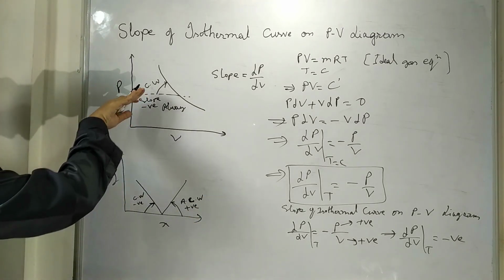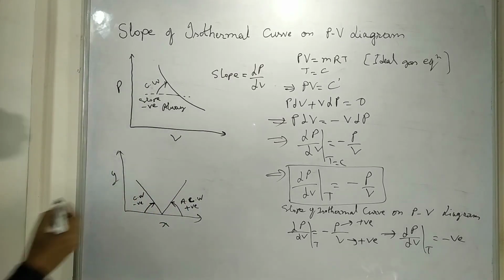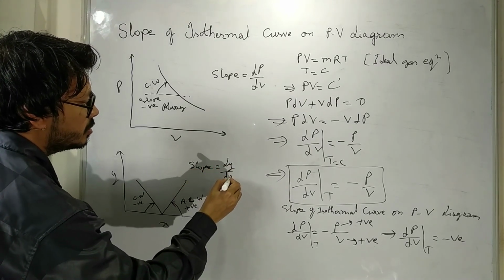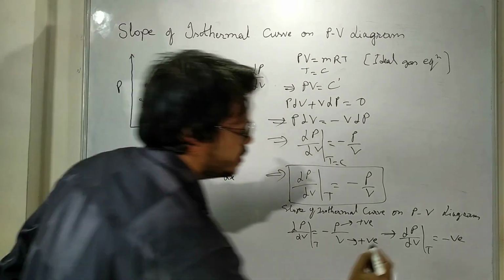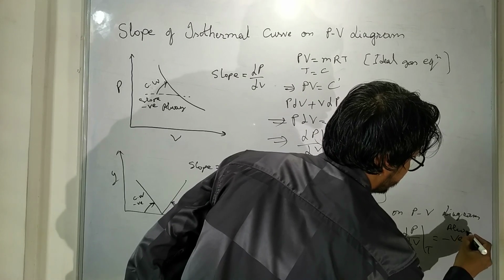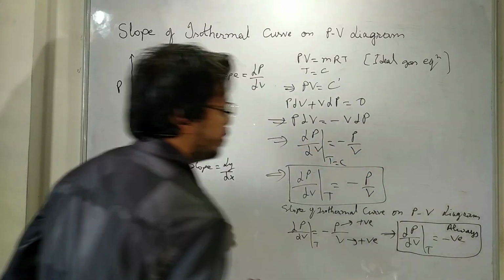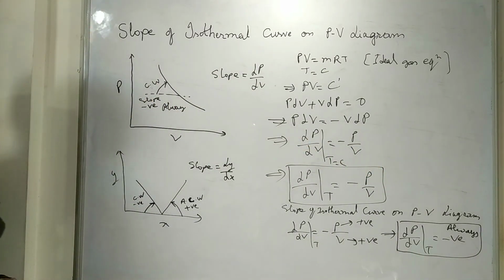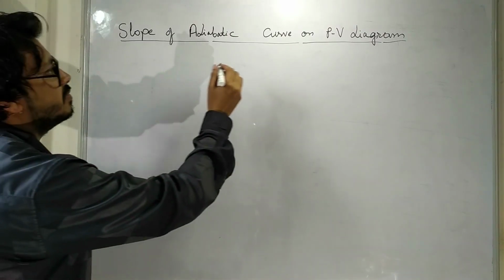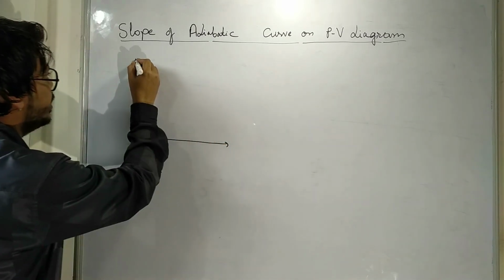So a clockwise slope is negative and an anti-clockwise slope is positive. This is the slope dy by dx, and the slope of the isothermal curve on the PV diagram is always negative. Now the slope of the adiabatic curve on the PV diagram. This is our PV diagram for the adiabatic process.